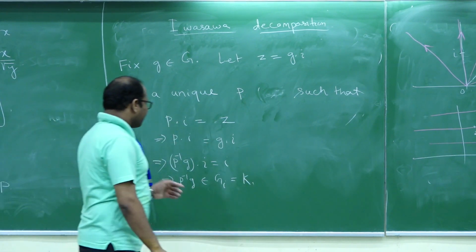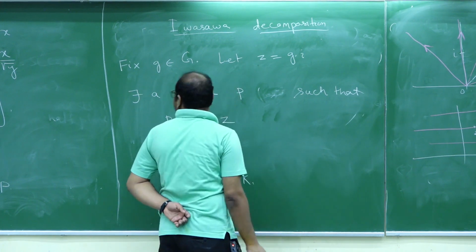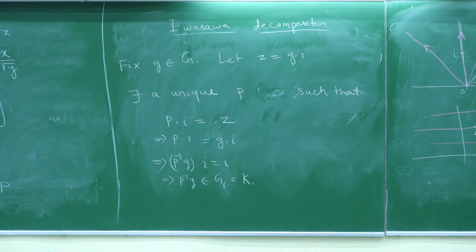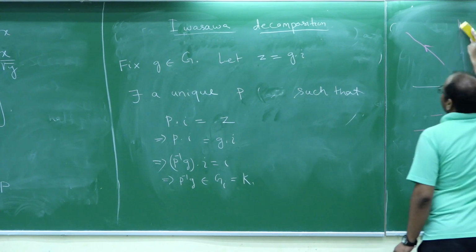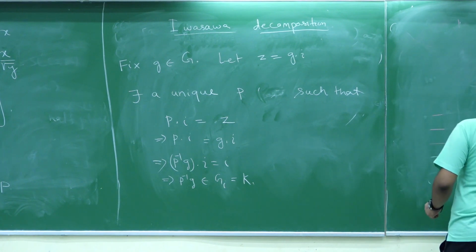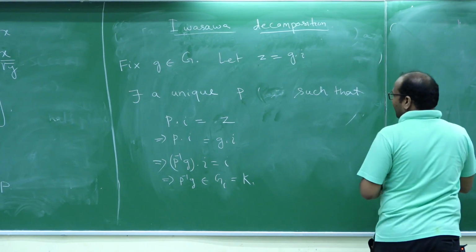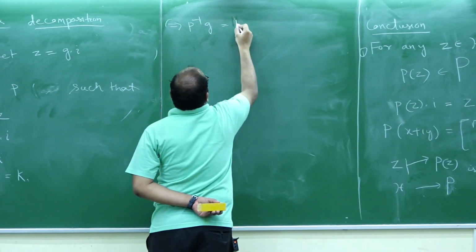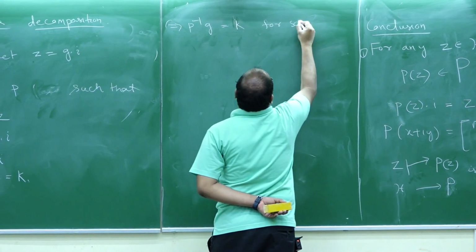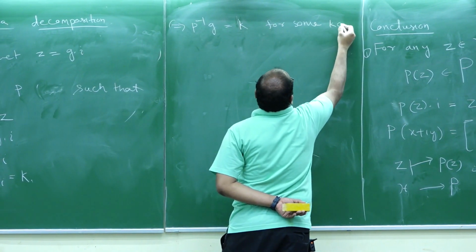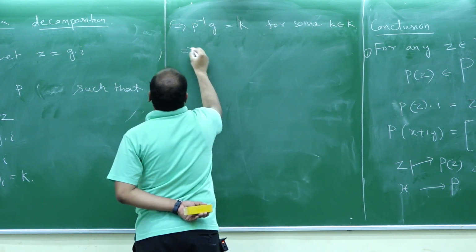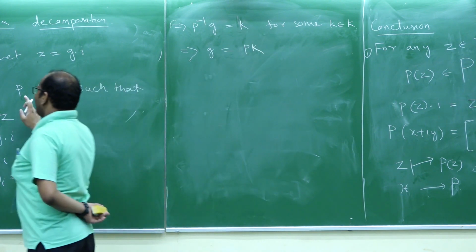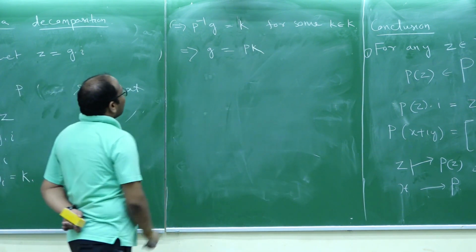So this implies p inverse g is equal to k for some k. Now this p is unique, therefore k is unique.